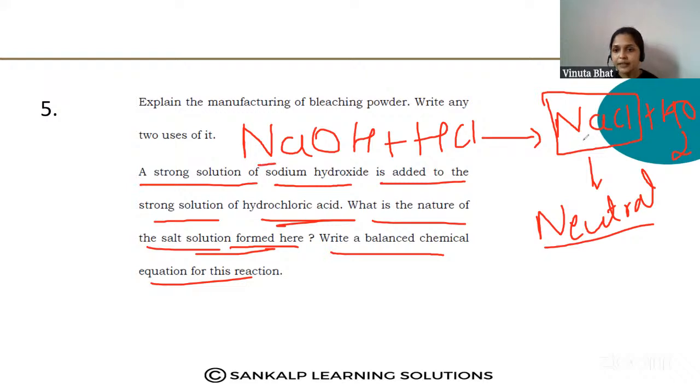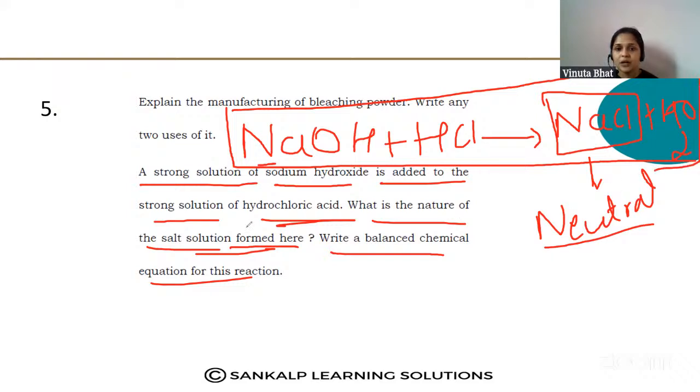Sodium is the same in the reactant and product, chlorine is also the same, hydrogen is also the same, and oxygen is also the same. This is the balanced chemical reaction, and the salt nature is neutral. Like this, you should write the answer for this question.